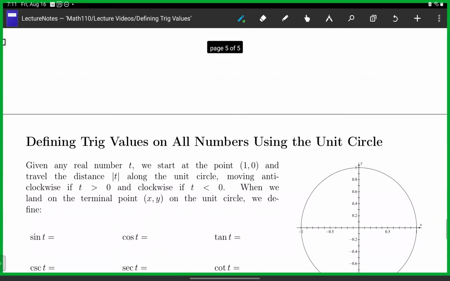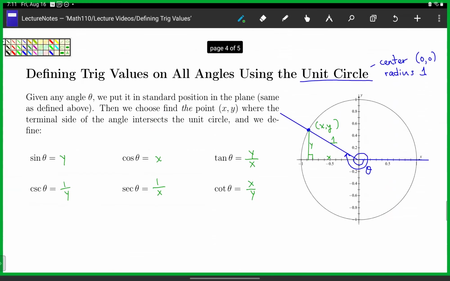So all of these previous ones are talking about defining trig values on all angles, using the coordinate plane, or using a right triangle, or using the unit circle. Now these angles we typically write in radian form, and radians are unitless. They're just numbers.